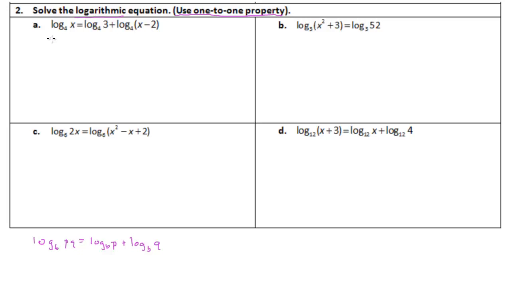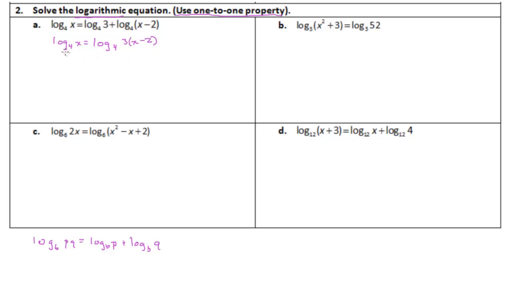So I get a single log on both sides. What I have to get started here is log base 4 of x on the left is equal to, and I have a sum of two logs. These can be condensed to be log base 4 of 3 times x minus 2.